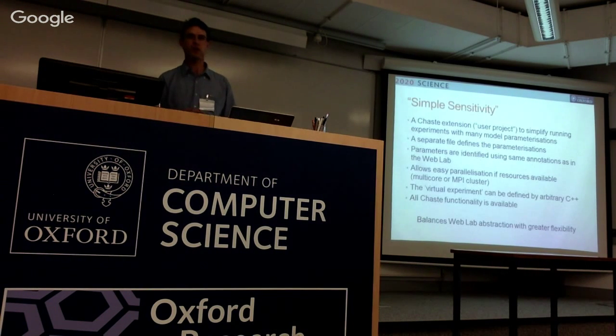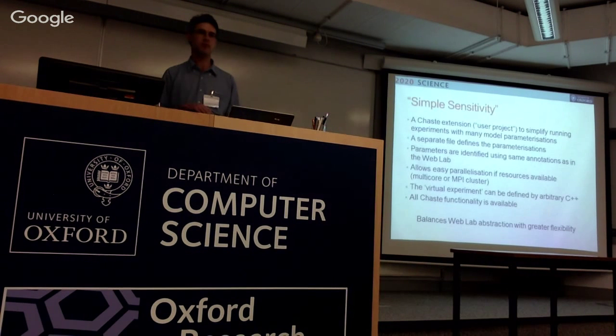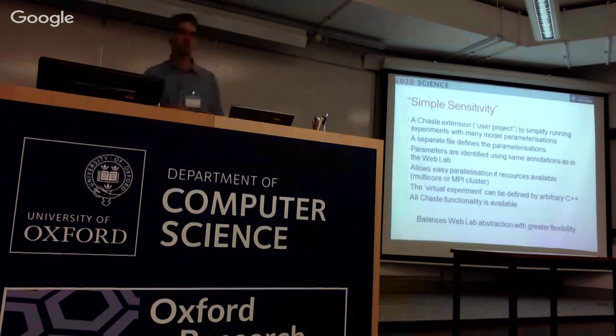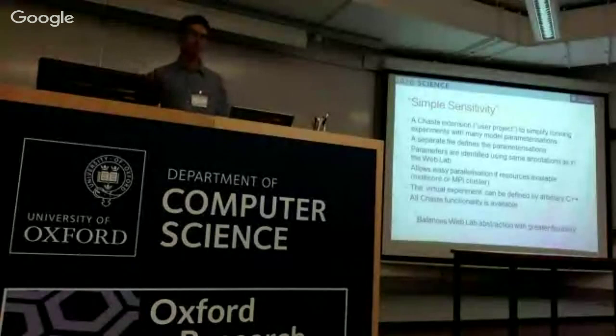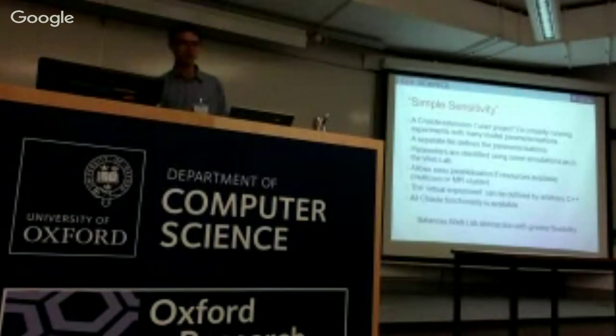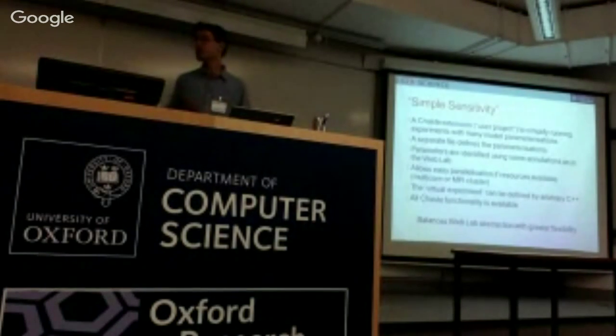He basically wanted a way of running multiple different parameter sets for different models and seeing how sensitive the models were to variations in parameters. You could generate just CSV files of different parameter sets for a particular model, and you wanted to run all of those nicely in parallel and see what effects it was having on model outputs. So this particular project is just a way of letting you do that really easily.